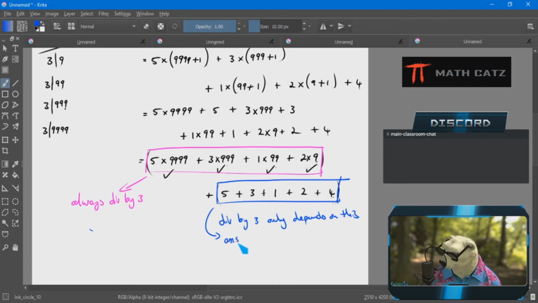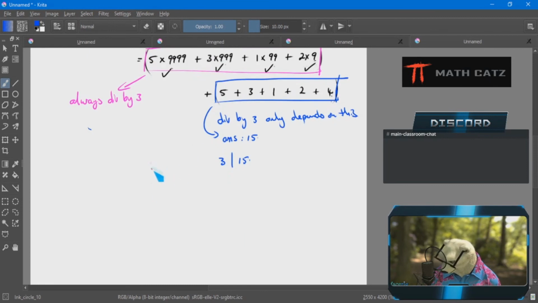The answer is 15. I notice that 3 divides into 15. I can then conclude that 3 divides into my original number, and I celebrate.